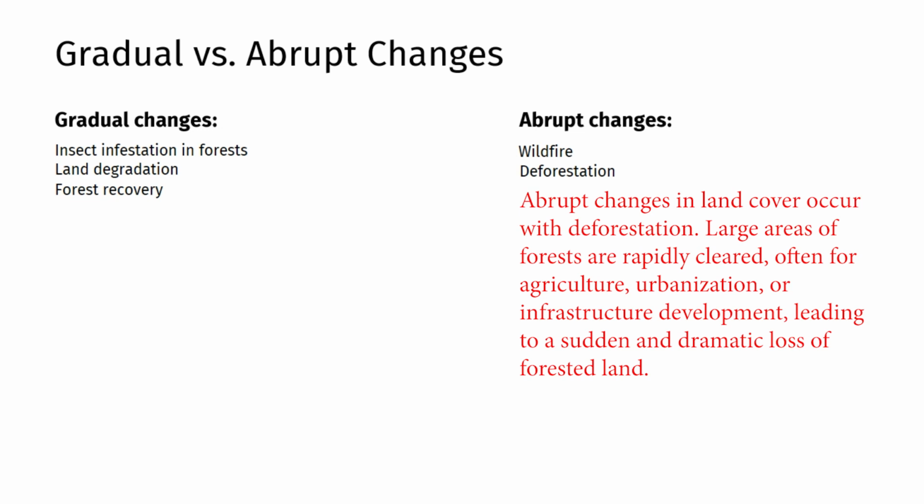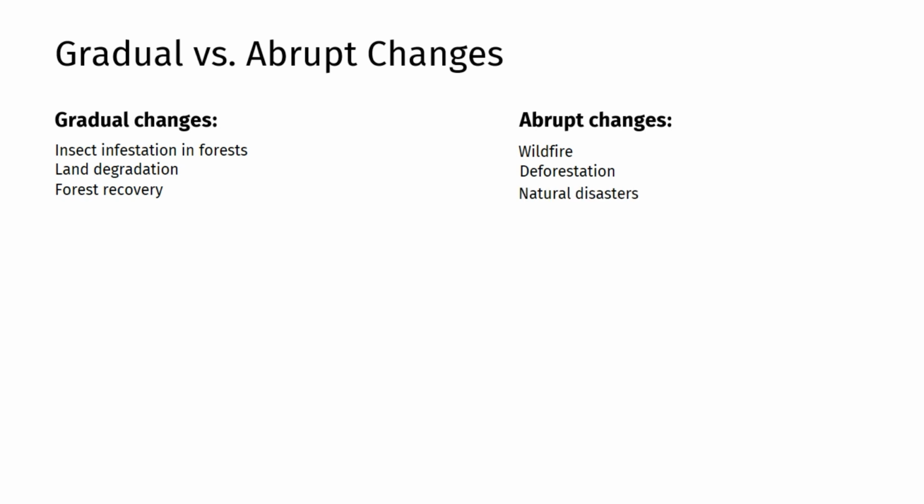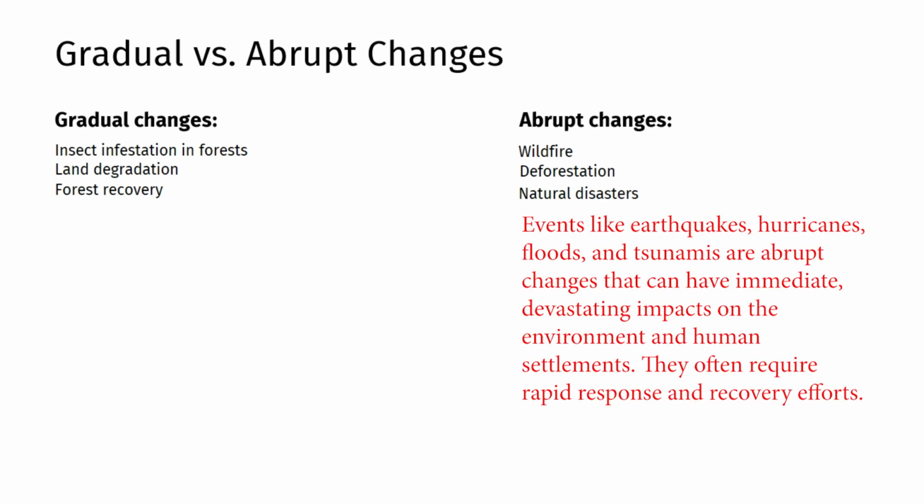Large areas of forest are rapidly cleared, often for agriculture, urbanization, or infrastructure development, leading to a sudden and dramatic loss of forested land. Natural disasters. Events like earthquakes, hurricanes, floods, and tsunamis are abrupt changes that can have immediate, devastating impacts on the environment and human settlements. They often require rapid response and recovery efforts.